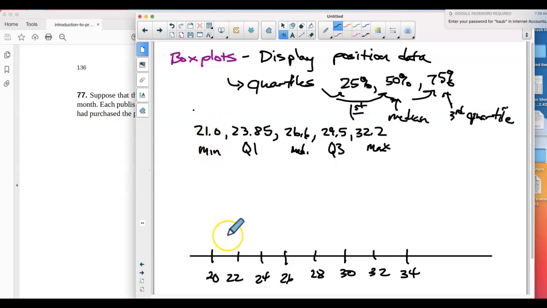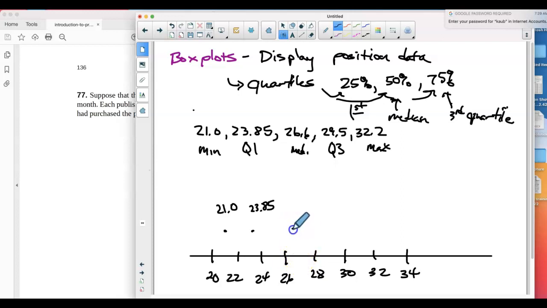So what I'm going to do is graph these above here. So this is 21.0. It's halfway in between here, 21.0. I'm going to label it. 23.85. 23 would be halfway, 0.85 is a little more. Since it's not great accuracy here, I'm going to write the number above it so that I know that that dot represents that. 26.6, there's 27, it's less than that.